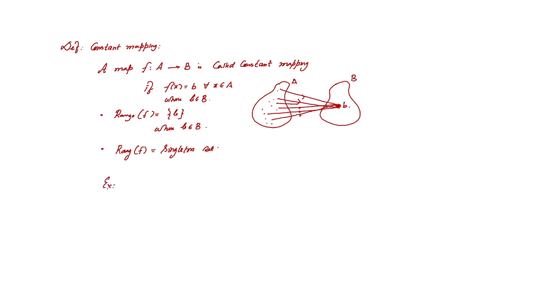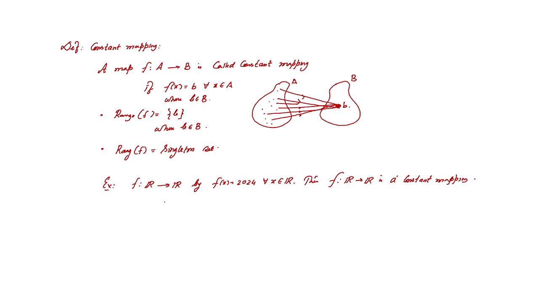As for example, if we define the map f from the set of real numbers to real numbers by say f(x) equals 2024 for all x belongs to R, then this map f: R to R is a constant mapping.